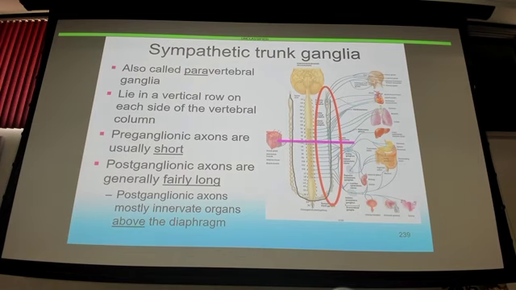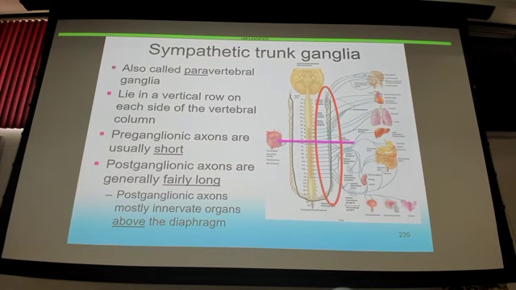Because of that, the preganglionic axons in the sympathetic system are generally very short. Well, they're always short. They don't have far to go. Because where is the ventral root coming up? Right here. Where is the ganglia? Right there. Doesn't look that way in pictures all the time, but they're very close together. So you would say all sympathetic preganglionic axons are short.